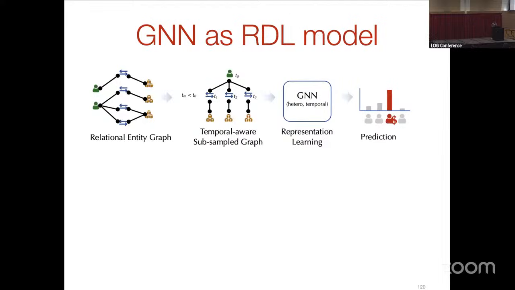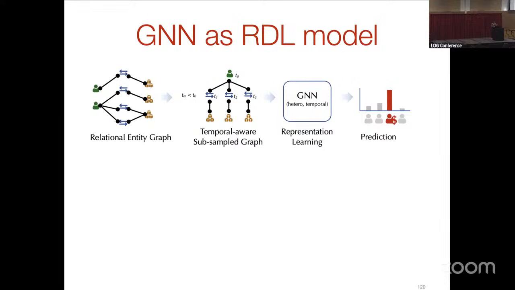So the GNN is used as an RDL model. An end-to-end pipeline looks very simple, similar to how any other end-to-end graph ML pipeline would look. We have the input relational entity graph. We do temporal-aware subgraph sampling in order to create a computational graph that we can use in the GNN. Why?